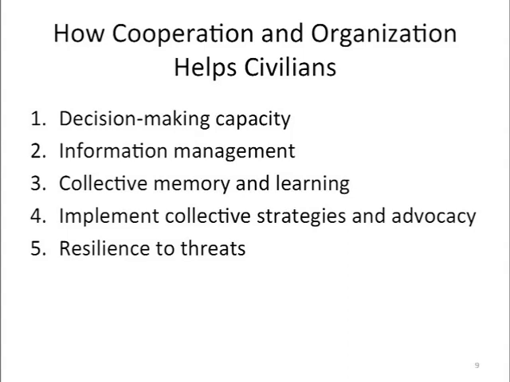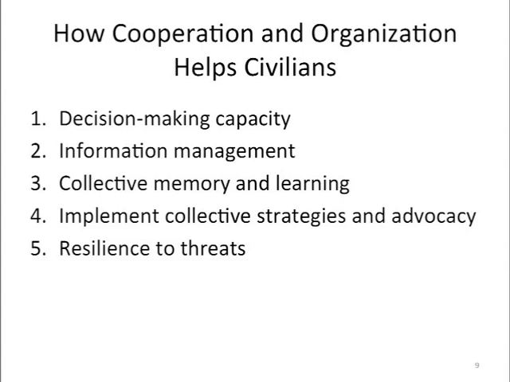And so organizations and other forms of cooperation and cohesion help civilians in a number of ways. First of all, they help provide them with greater decision-making capacity, so how to deal with changing situations. Second of all, they give communities an ability to manage information about changing conflict conditions, what individuals in the communities may be doing, how much support there is for different strategies, even information about the public forces and where armed groups are moving.